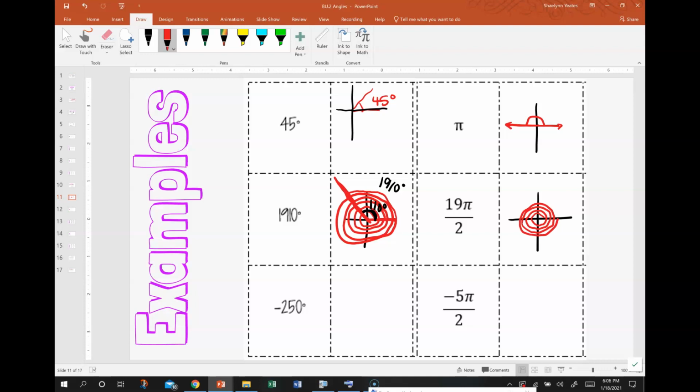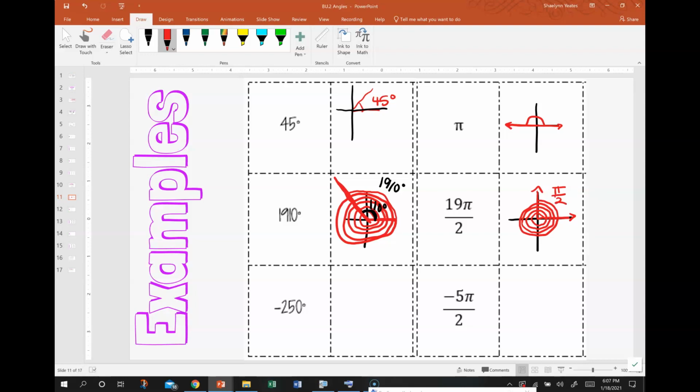Whew! We're going to go around another half pi. So this is 19 pi halves. This is also known as pi halves. It's generally what we consider it.